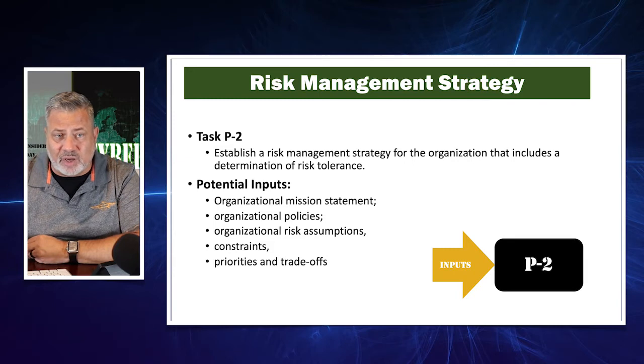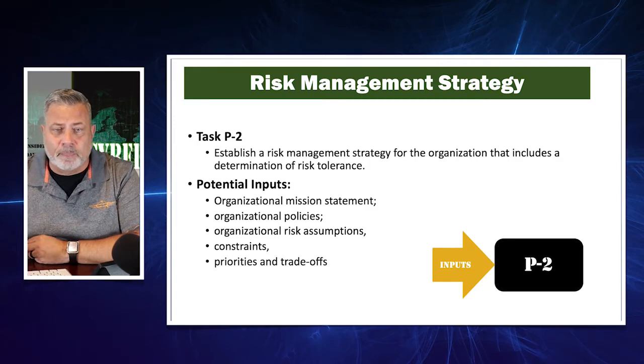It's important to have these documents to start with because this gives the definition to what the risk management strategy would be based on. The organizational mission statement is what the organization is in business or in service to do. Accomplishment of this mission is important to overall accomplishment of the goals of the organization.